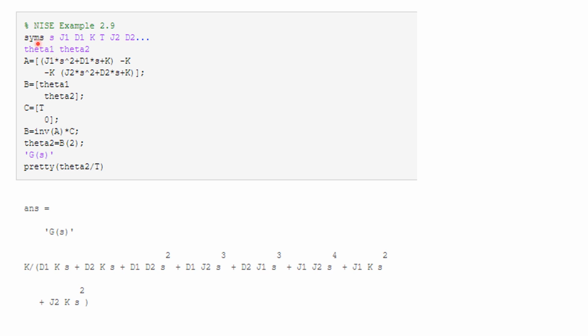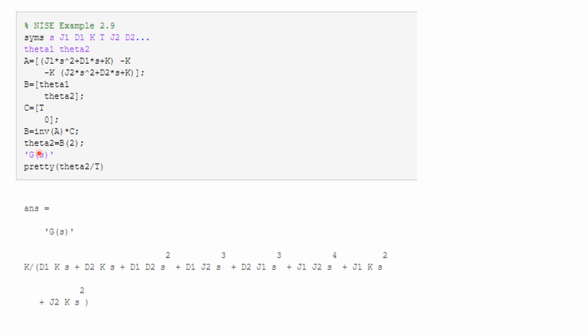I define symbolic constants: S, J1, D1, K, T, J2, D2, theta 1, and theta 2. A and B are simply the matrices that I showed in the previous slide. C is the right-hand side. Then we solve for the variables, and theta 2 here is going to be B sub 2.